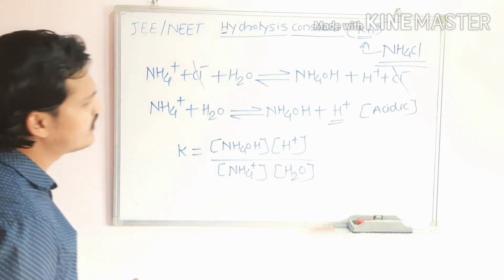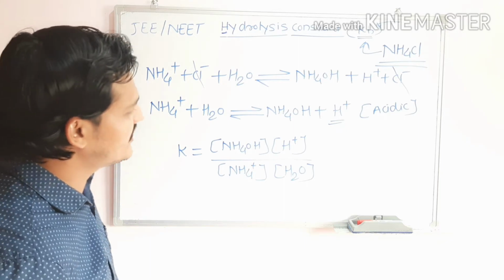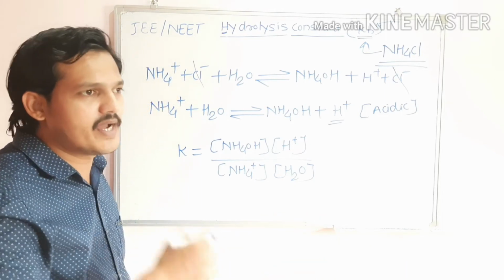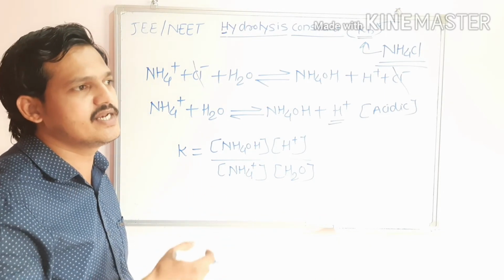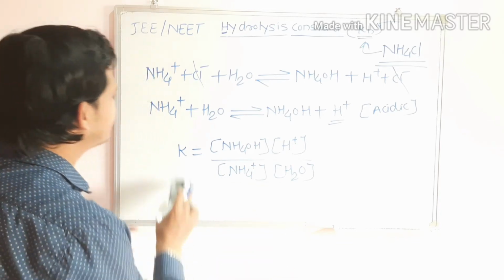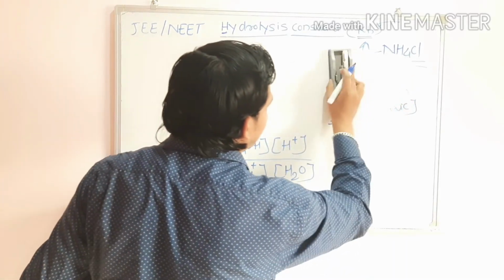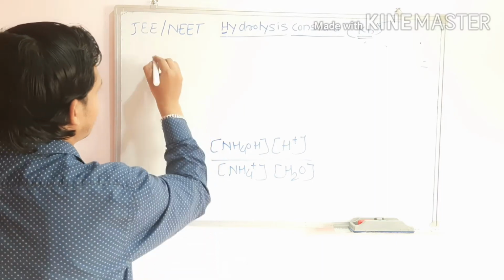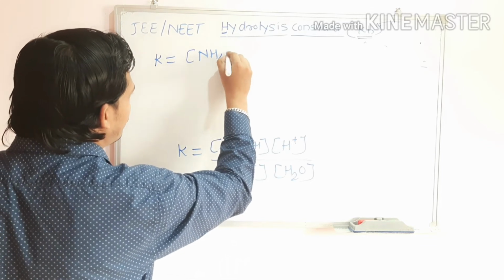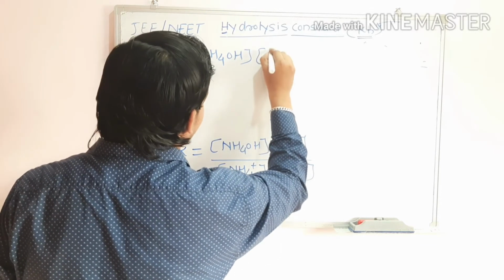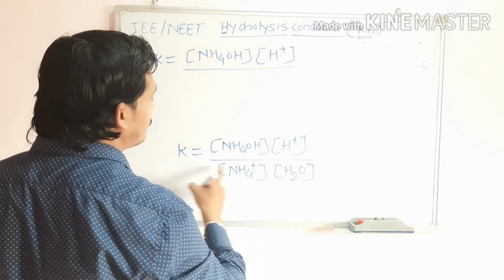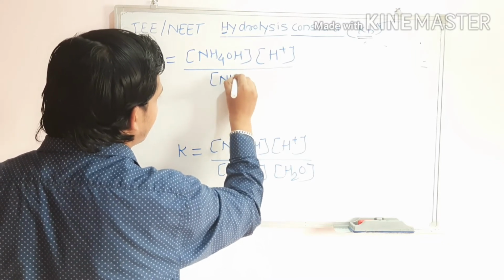Now, as I said earlier, the concentration of water remains constant, because water dissociates only in a small quantity, meaning water gives H plus and OH minus ions in a small amount, so we generally take it as constant. Okay, I will rub this out. After that, our next step is K is equal to in bracket NH4OH in bracket H plus divided by NH4 plus into K dash.